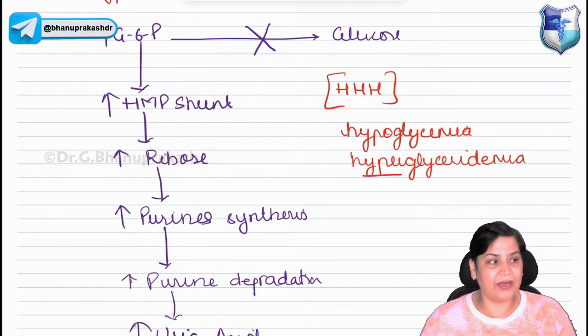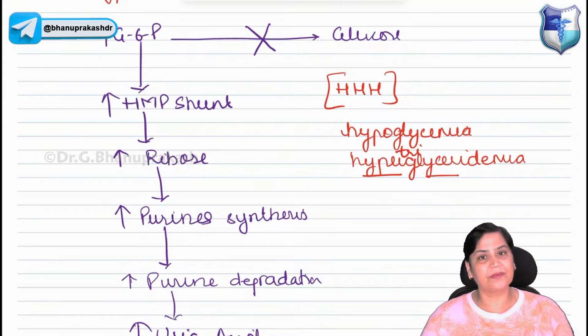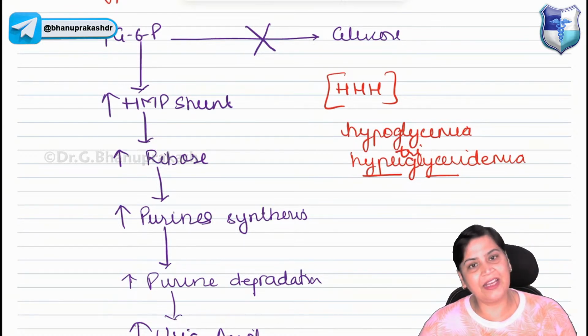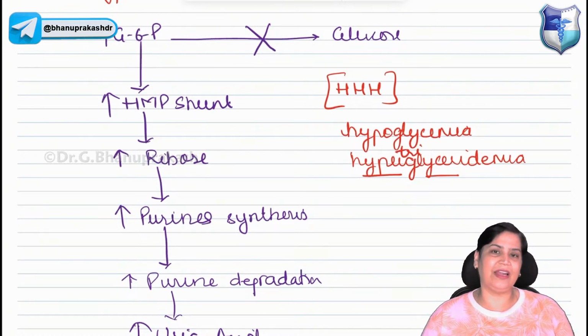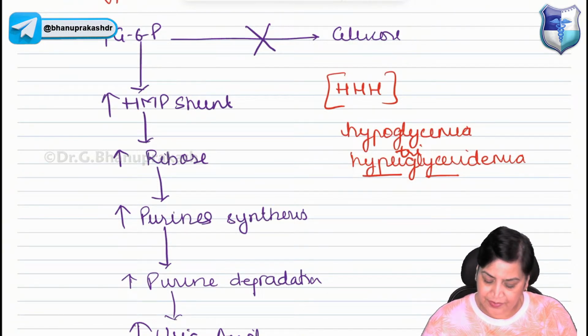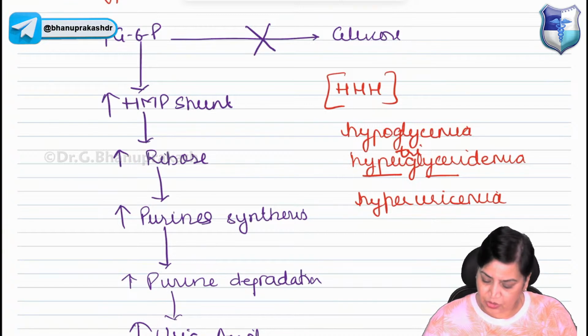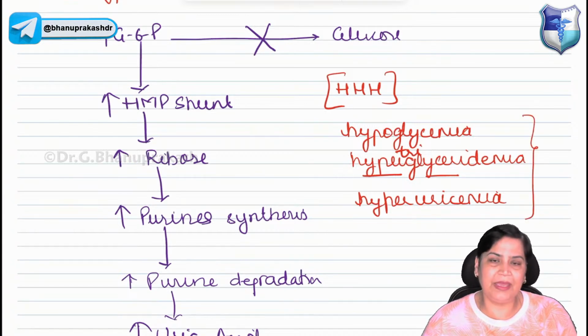If I say hyper, more, glyceridemia, this is triglyceride, so it is hypertriglyceridemia. Triglycerides are nothing but esters of fatty acid and glycerol, which is fat. And the third one is hyperuricemia. So these are the 3 main important ones.